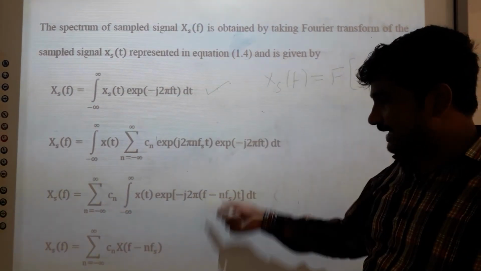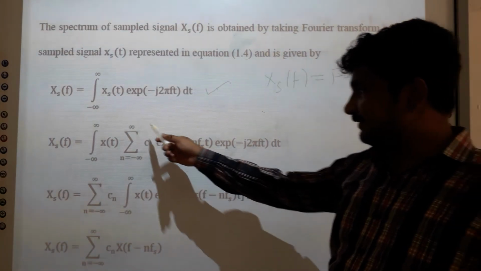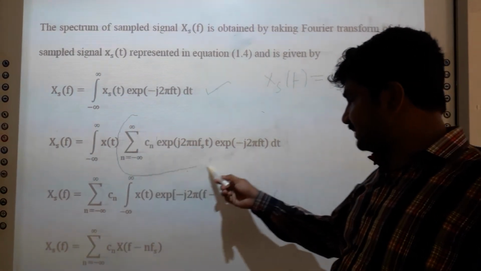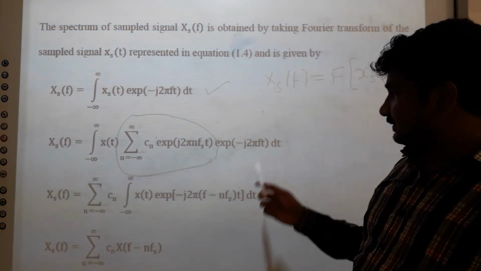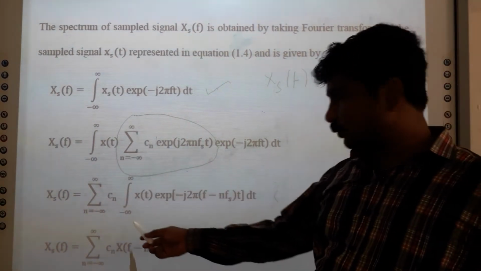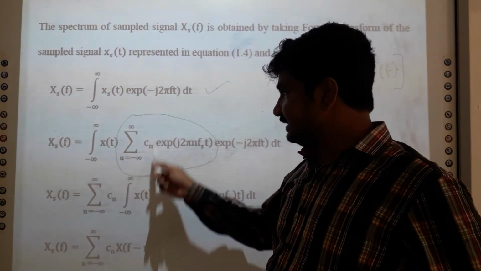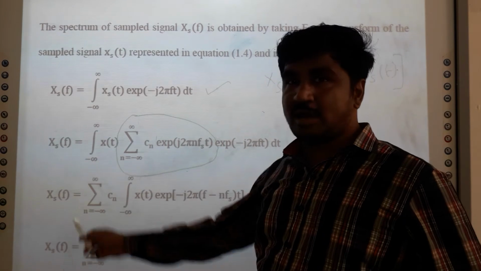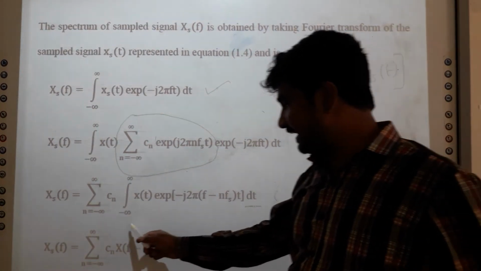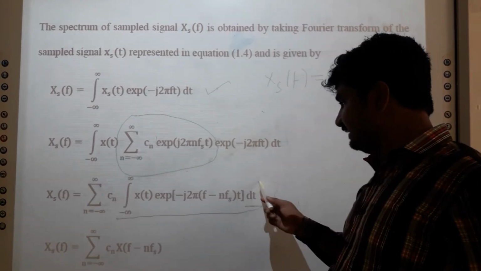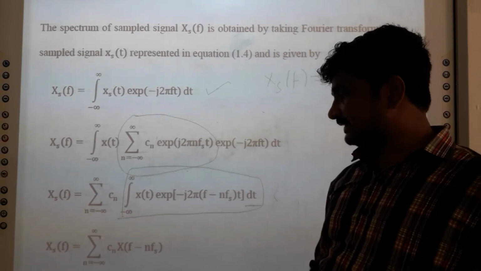So if you do the calculation and substitute the value of P of t here, and the integral component is only with respect to time, you can take the constant value outside of the integral, and this can be written as the shift in frequency of x of f.